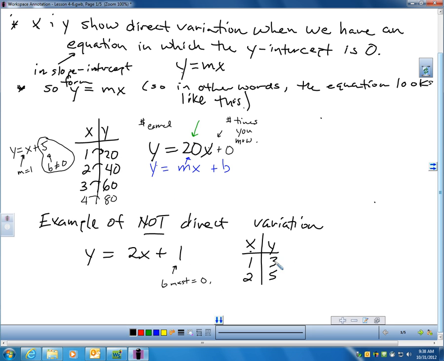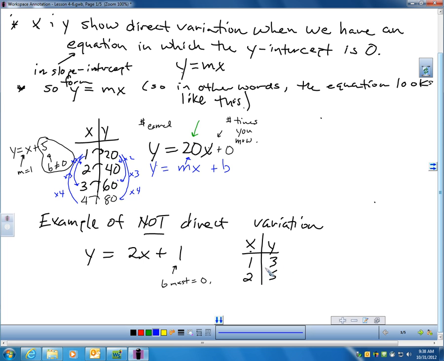I wanted to show you this also to show you on a table how I can see direct variation. I want you to notice on my table here, if I double my lawn mowing, I'm going to mow twice instead of once, I doubled my pay. If I tripled the amount of lawn mowings, I tripled the pay. If I quadrupled the amount of lawn mowings, I quadrupled the pay.